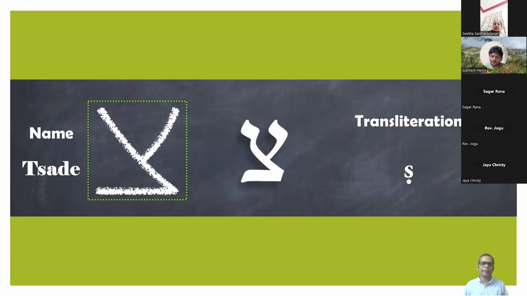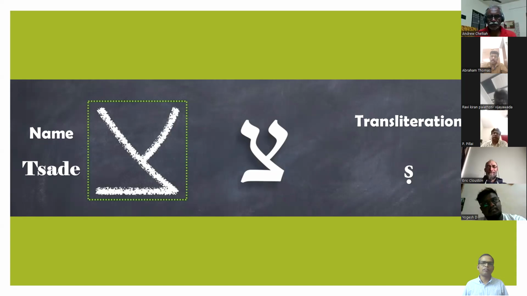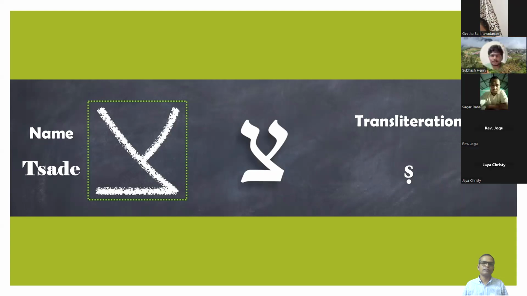Okay, Sade. So what is the transliteration here? If you see, it is S. Underneath you can see a dot. All right. So why is there a dot? Any idea? Underneath S, why do you see a dot? To differentiate from Samak.